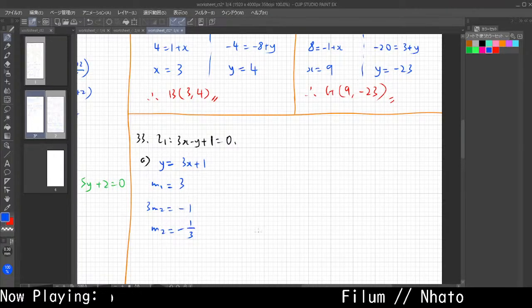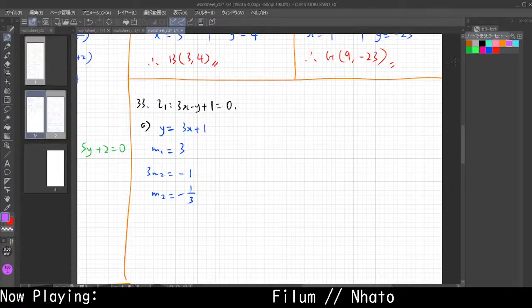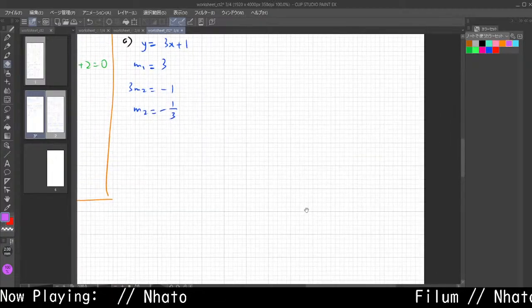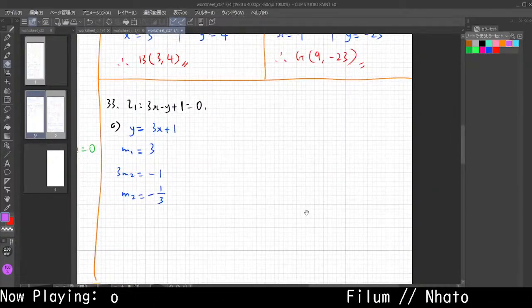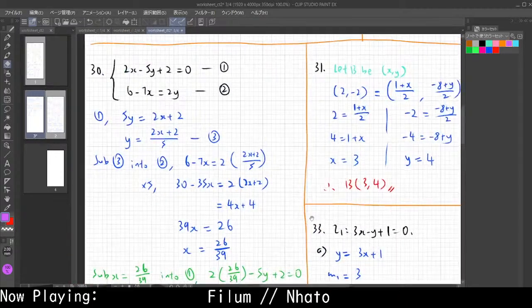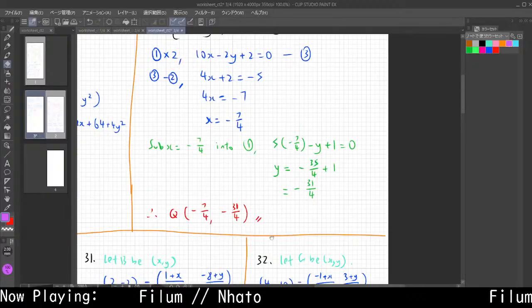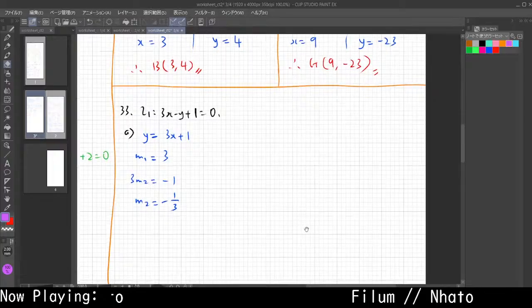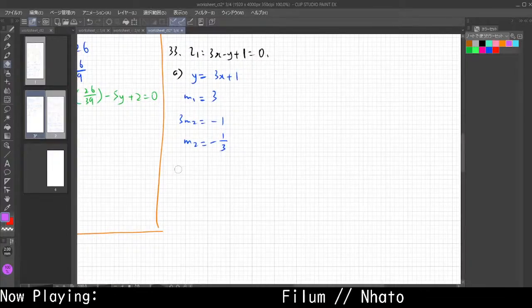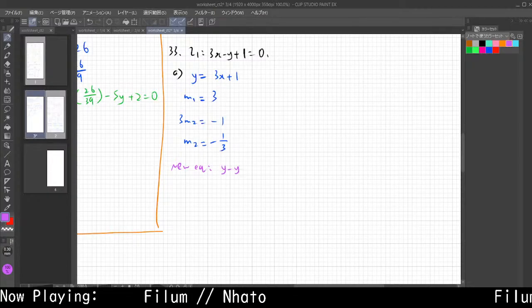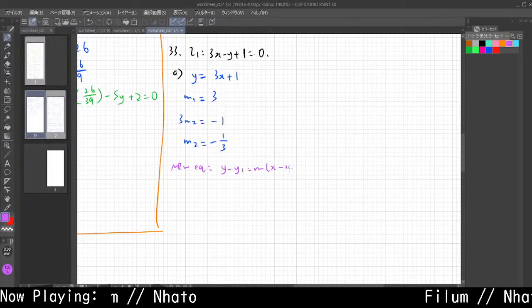So to get this, then you want to form a new equation. New equation: y minus y1 equals to m times x minus x1.